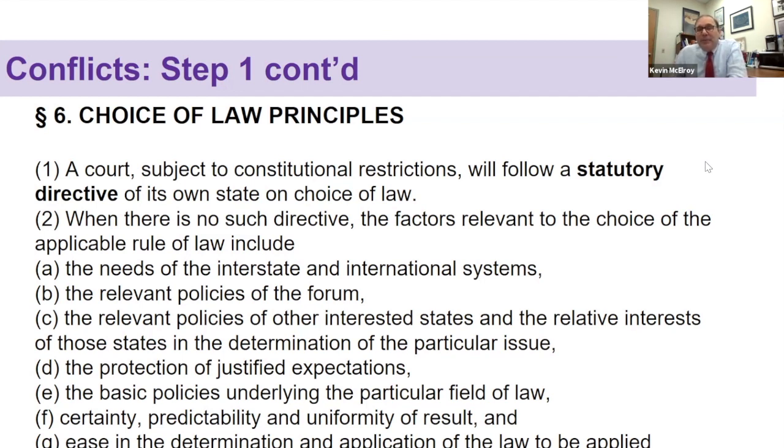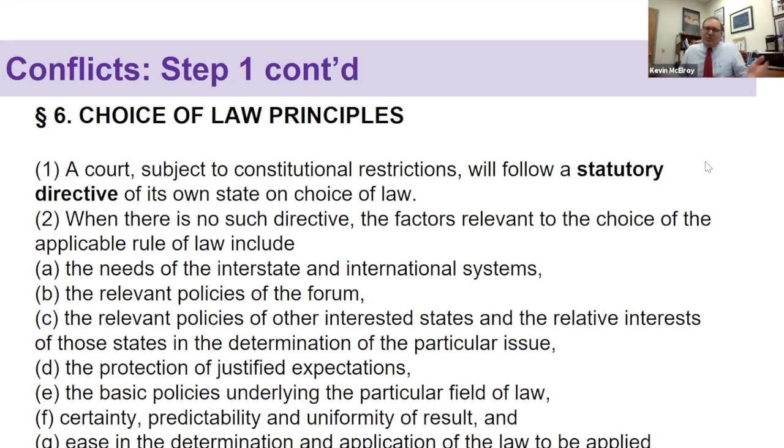So you look at the public policies of both states. Does one state have a firm, very important public policy, and another state not really, either way? So, it's an issue that one of the states hasn't really said, well, our stance on this is this or this.